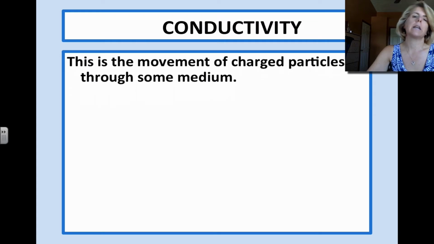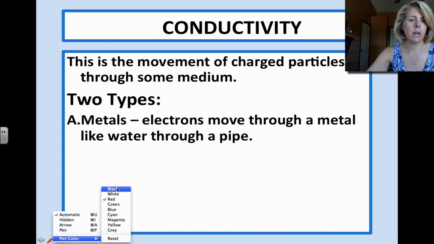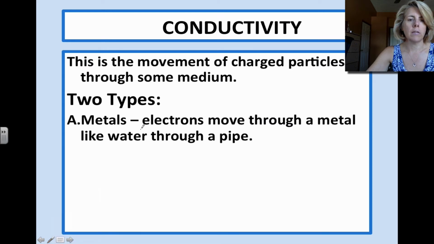So when we're looking at conductivity of a compound, we're looking at charged particles that are essentially moving through a medium. And there's two types. There's metals. So we've talked about some elements that are metallic in character. And essentially it's like electrons moving through a pipe.